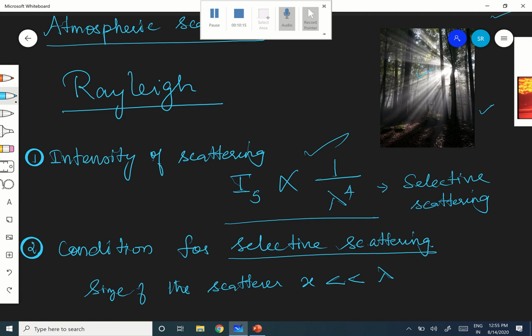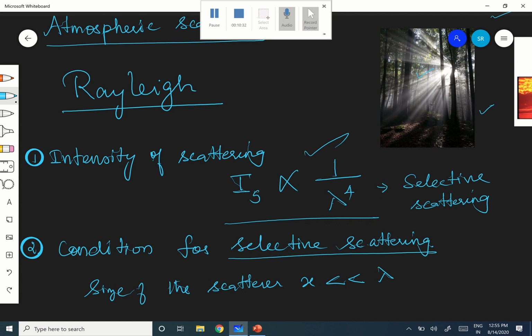But if the size of the scatterer is very big, like water droplets and dust particles, usually in the lower atmosphere. In the upper atmosphere there are gas molecules, whose size is very, very small.